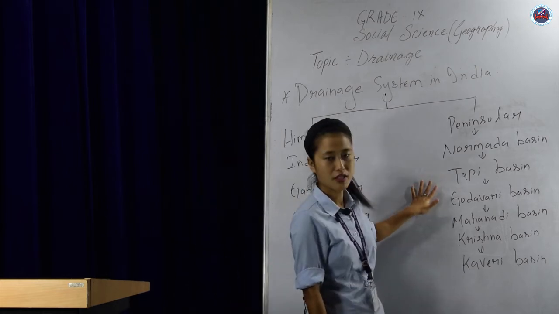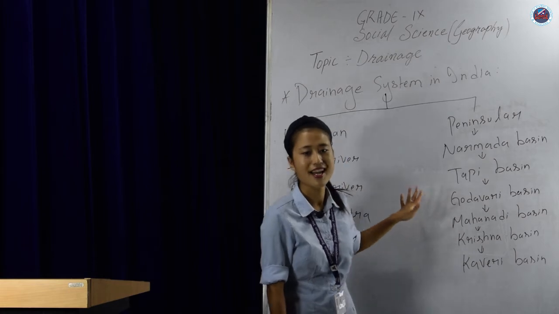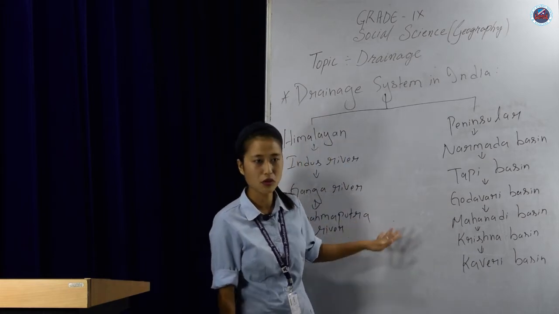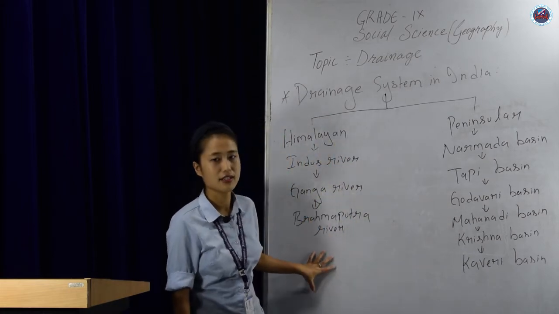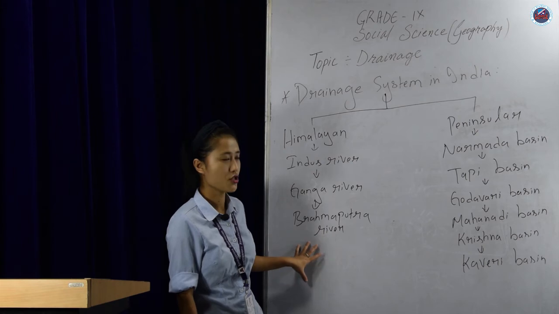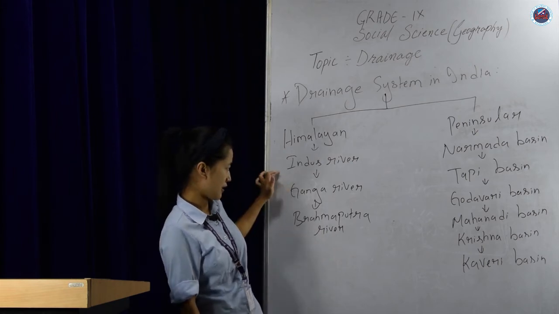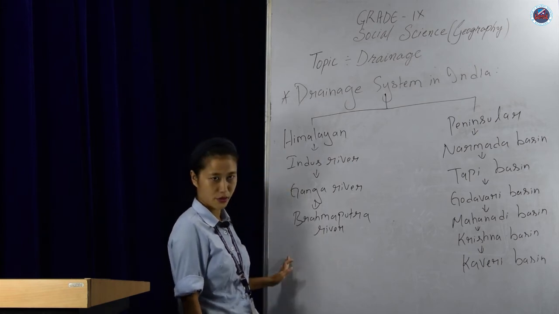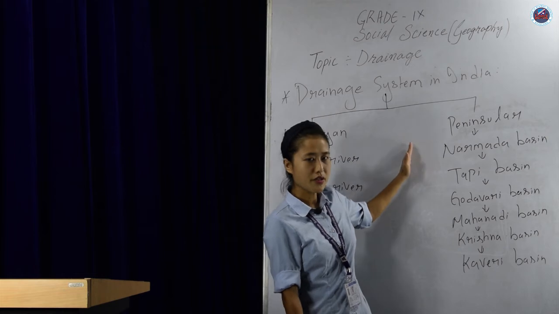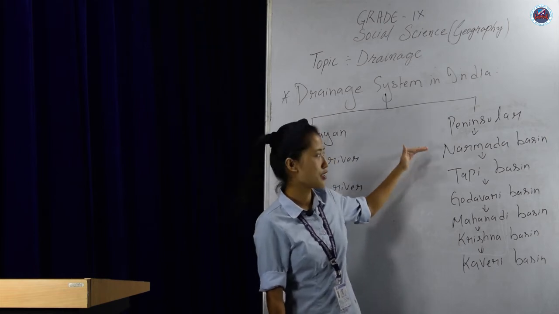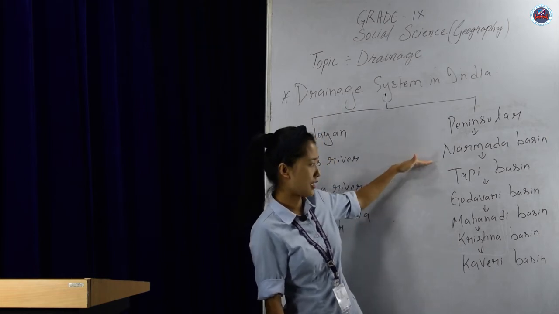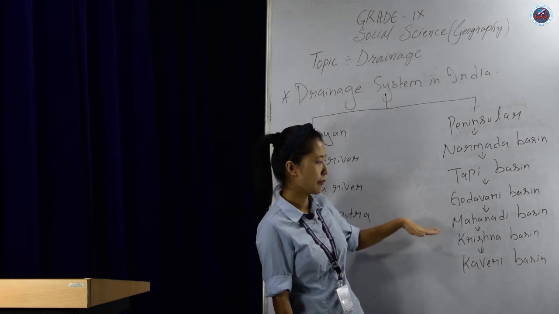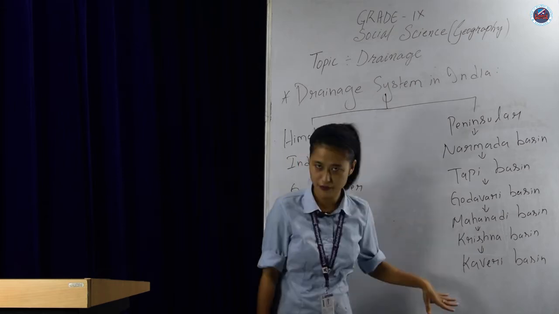Peninsular rivers are known as seasonal as their flow depends on rainfall. The subdivisions of the Himalayan rivers are the Indus River, Ganga River and Brahmaputra River, whereas the peninsular basins are Narmada, Tapi, Godavari, Mahanadi, Krishna and Kaveri.